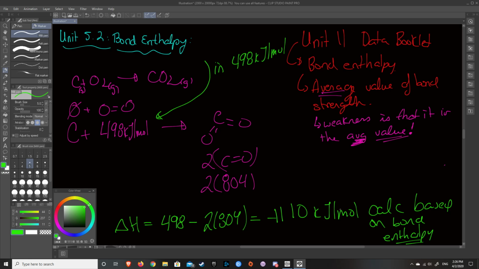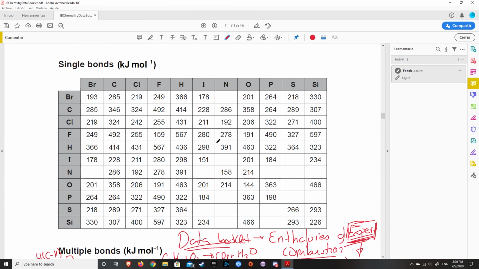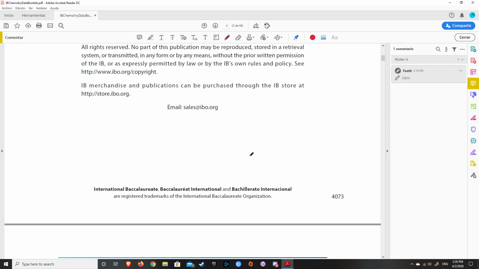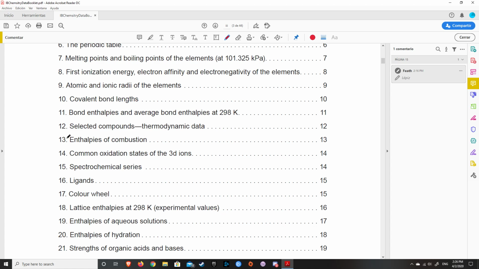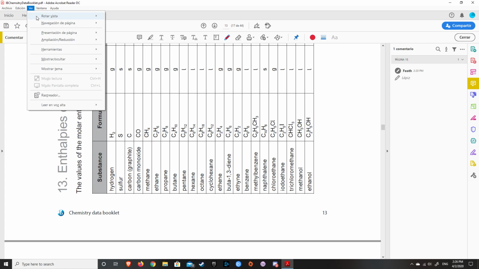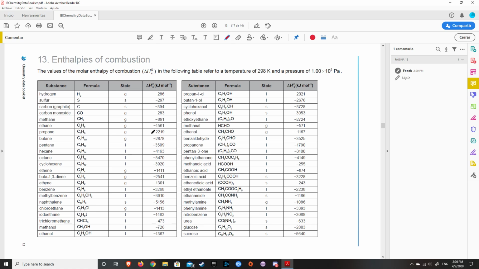Now let's compare that to our combustion data. Let's go to our data booklet. You got to learn how to use this. I got to learn how to use this too. Enthalpies of combustion, page 13. Rotate. There we go.